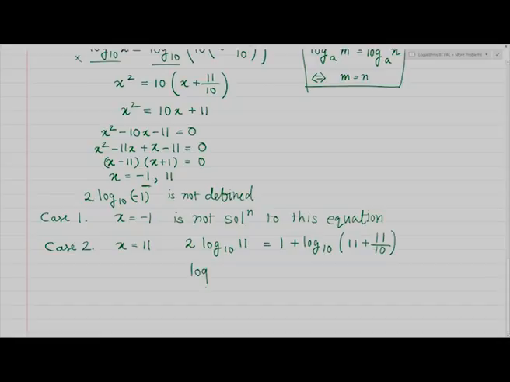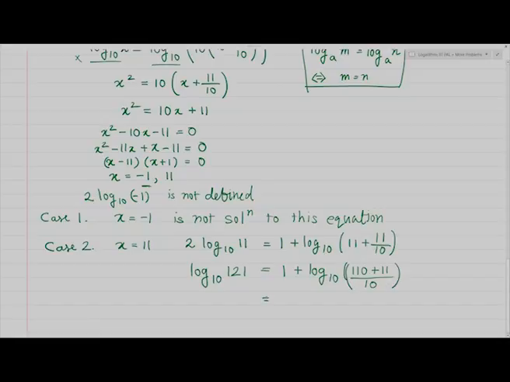Log to the base 10 of 11 square, which is 121. So, I should get this also to be equal to 121, right. So, it is 1 plus log to the base 10 of 11 into 10, which is 110 plus 11 by 10, isn't it?